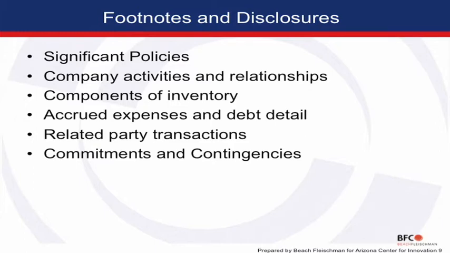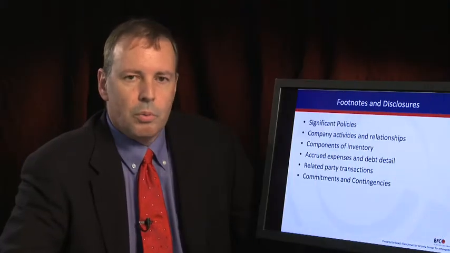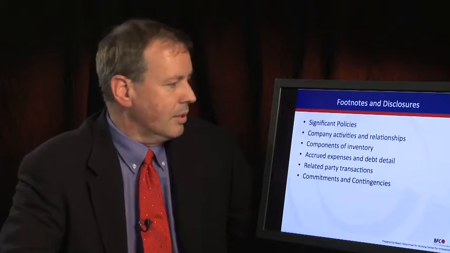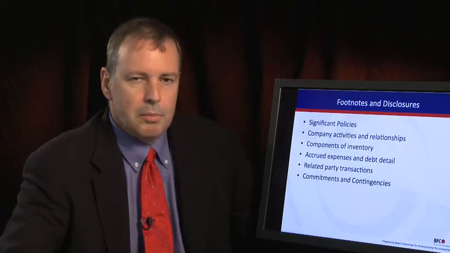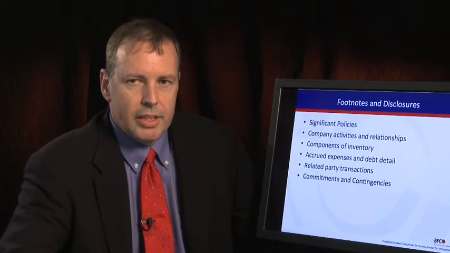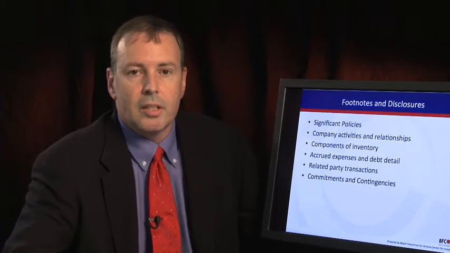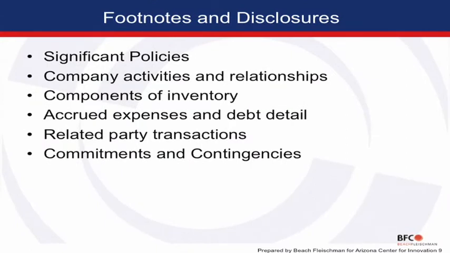How long has it been in business? What's it trying to do? Relationships, are there any related parties or significant other entities that it's involved with that must be disclosed? Sometimes there could be a sister company, a subsidiary company, it could be a subsidiary of another company. All of these things have to be disclosed.